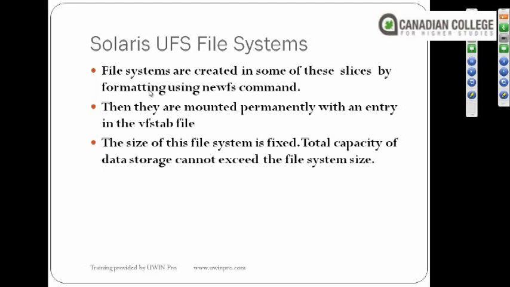Slice 0 is root if it is bootable, and slice 1 is swap. By default, when the system is installed, it creates a slice for swap. I can add files on top of swap if I want, so I can add more files as swap files.